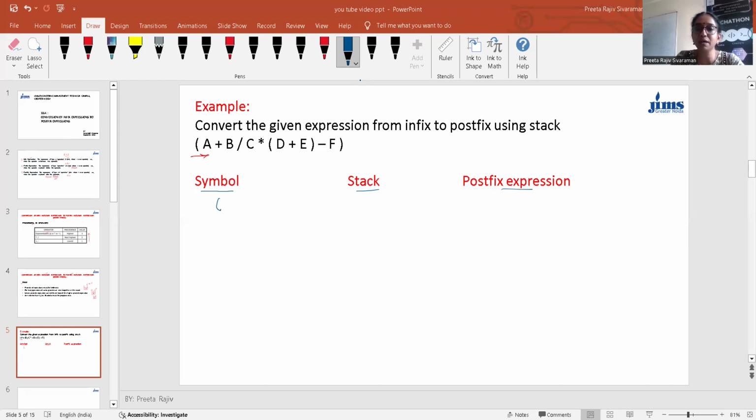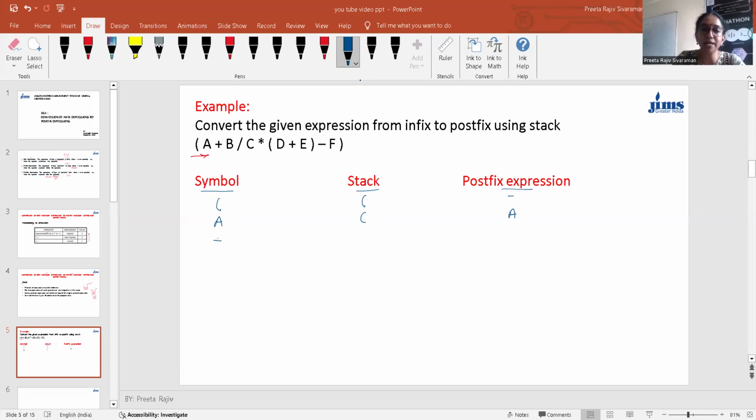Since the symbol is a bracket, it goes into the stack, and right now the postfix expression is nil. The next symbol scanned is capital A. Since it doesn't go into the stack, the stack contents remain the same and the postfix expression has the element A.